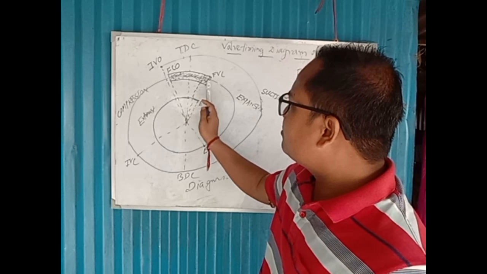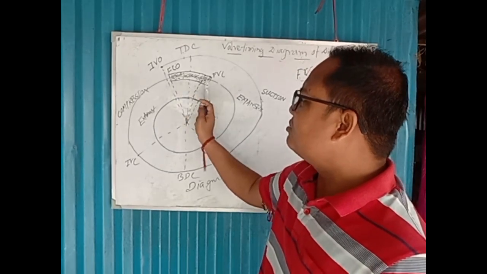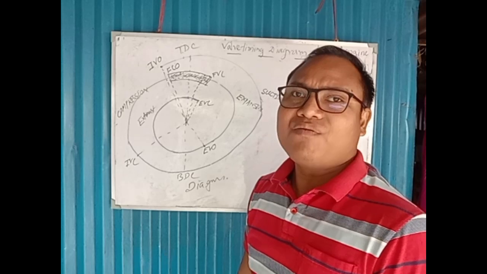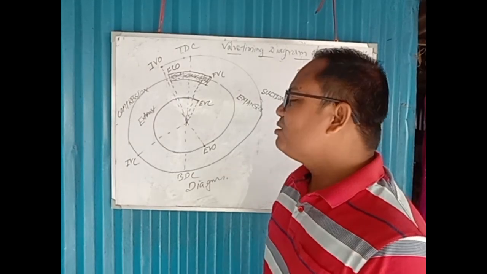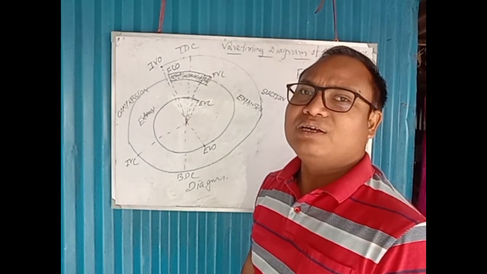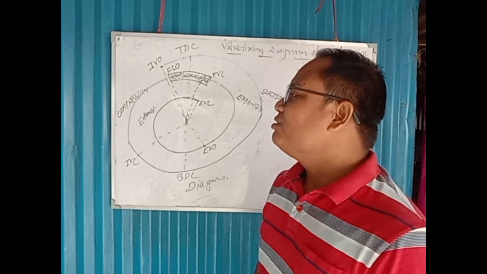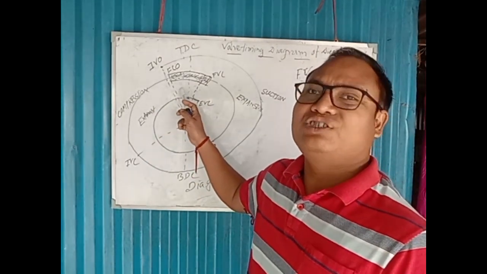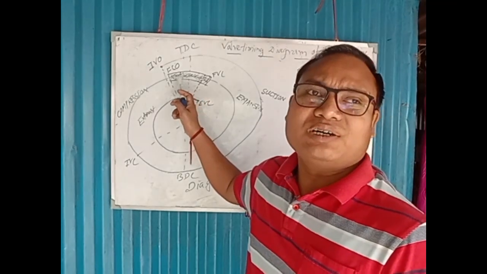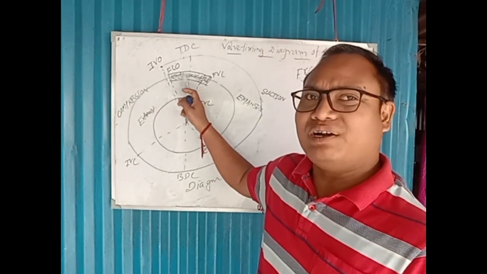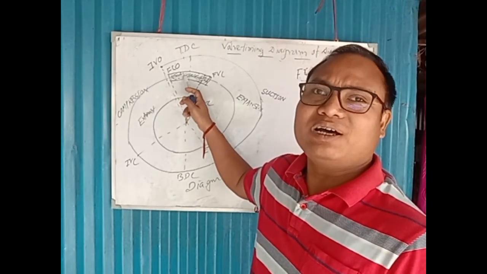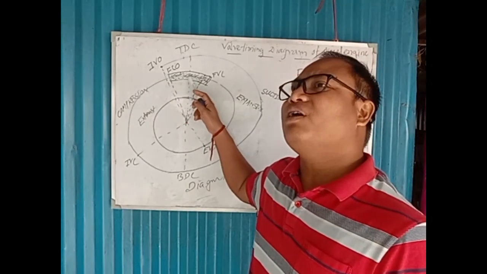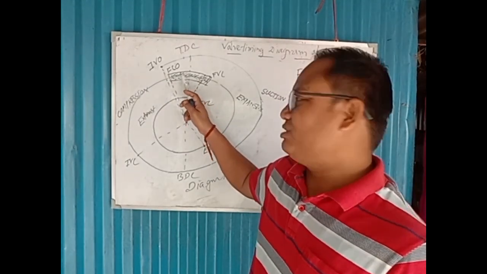Through this zone, the fuel valve is open. That's why the fuel is delivered to the highly heated fresh air charge, so that the air charge is burned, and a huge amount of energy is generated.